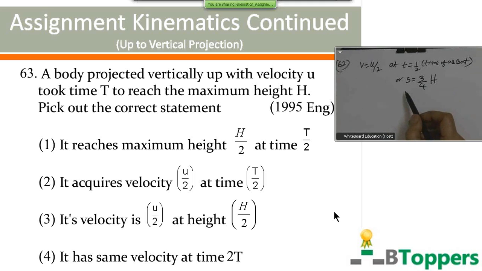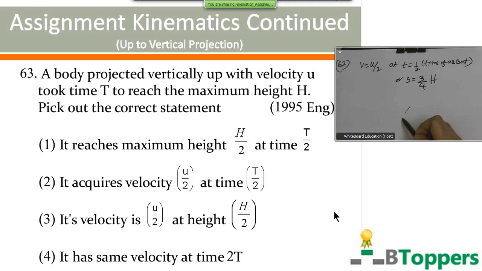So you can observe that the first option says it reaches the maximum height h by 2 at time T by 2. Here capital T represents the time taken to reach the maximum height, meaning time of ascent. After a time equal to half of the time of ascent, its velocity becomes equal to U by 2. At that instant, it will be at 3 by 4th of the maximum height, which I have discussed in the past. Therefore, the first statement is wrong.